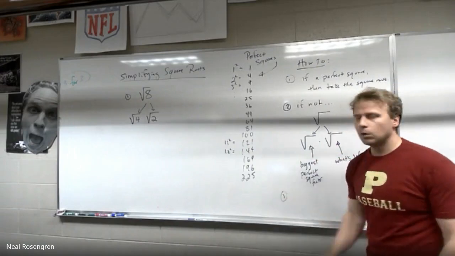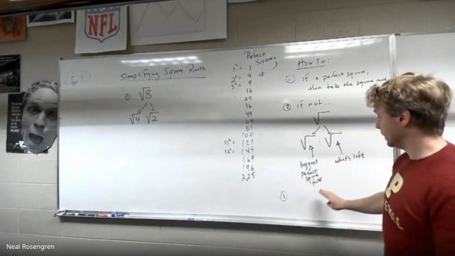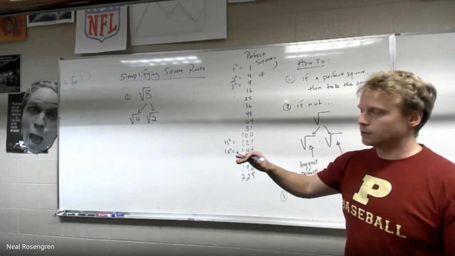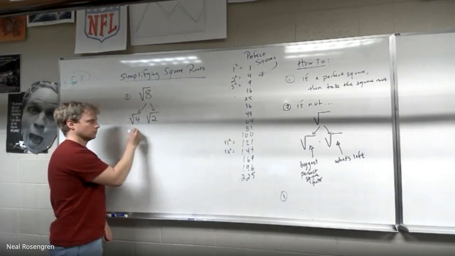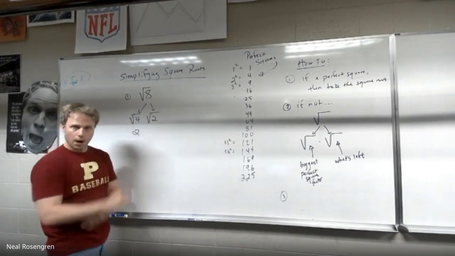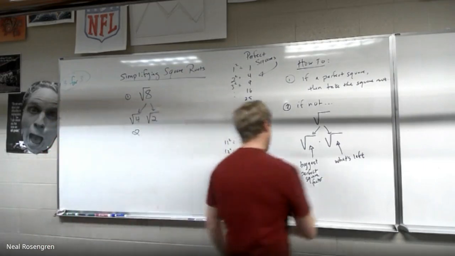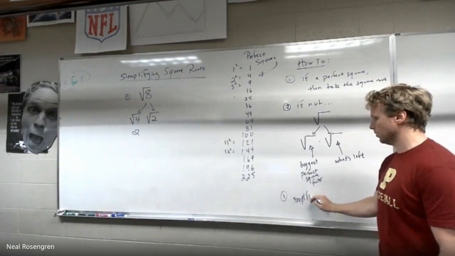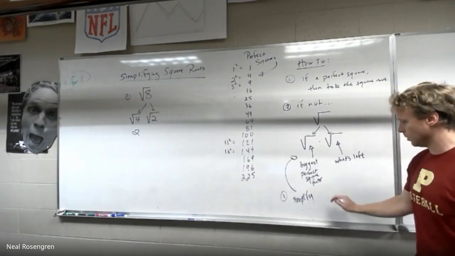And the whole idea of doing that is to put that biggest perfect square root first, because the square root of 4 is 2. Drop the square root, change the number because it's perfect. So I'm going to simplify or evaluate, whatever you want, that one, or whatever that perfect square was.